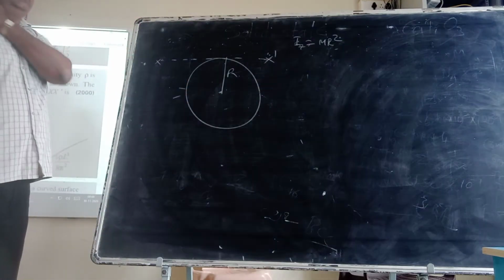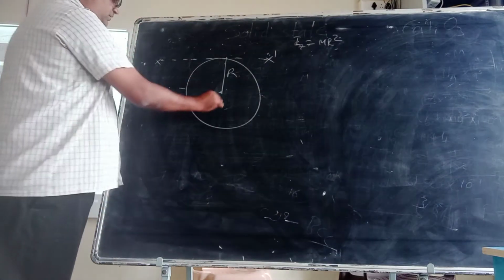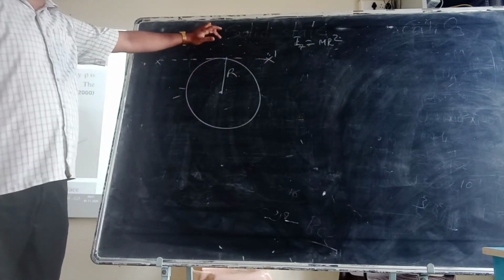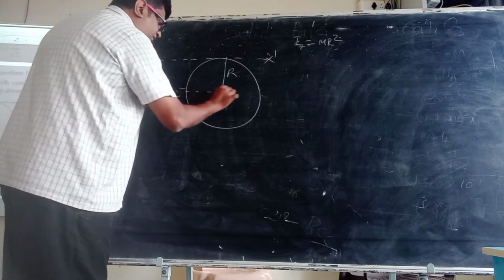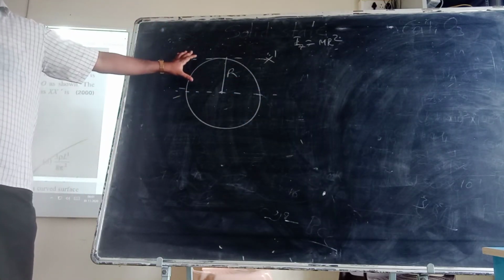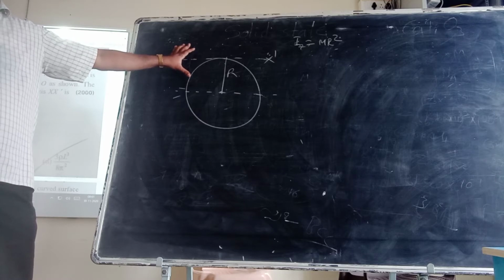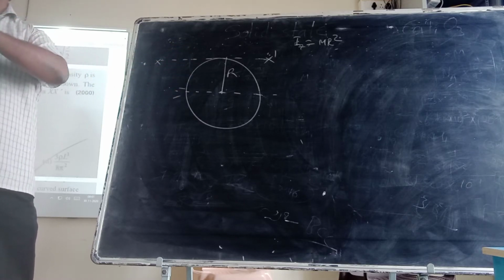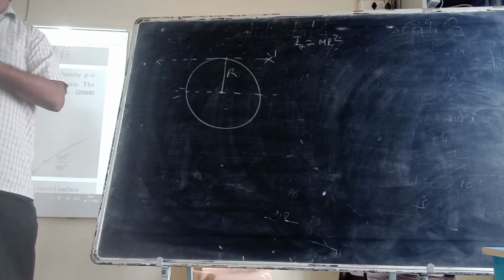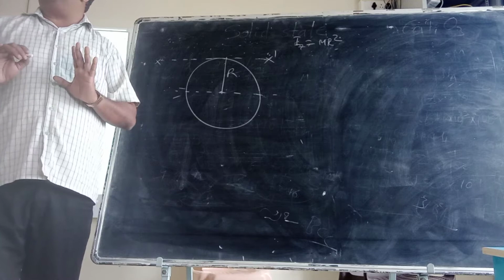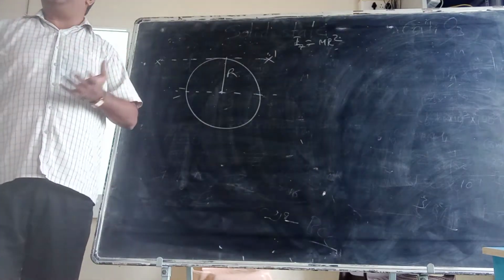Alright. So here, because I have to find the moment of inertia about the tangent, if I know the moment of inertia about the diameter, my job will be done. So I have to take two diameters which are perpendicular to each other. If I do that, I can apply perpendicular axis theorem. Perpendicular axis theorem, what it says?